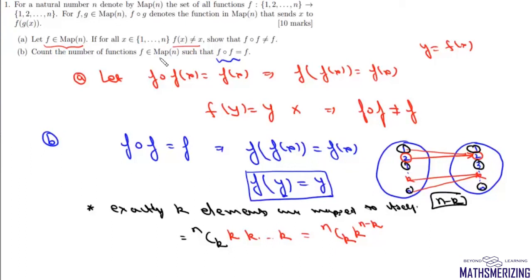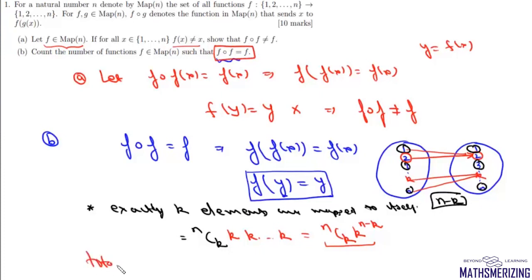So the number of functions such that f of f is equal to f when exactly k elements are mapped to itself is nCk into k to the power n minus k. Now in the beginning of this question we have already discussed that this condition is only possible when at least one element is mapped to itself.